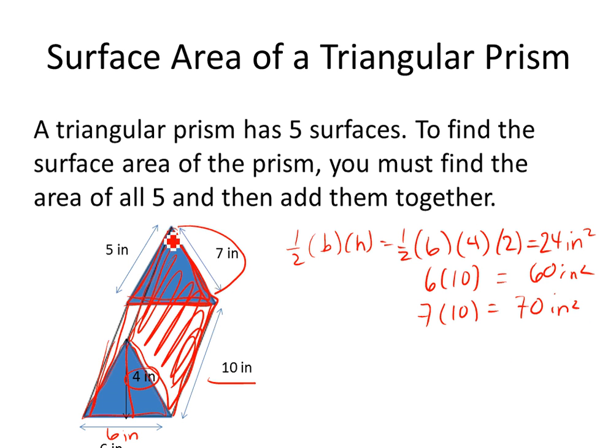And then I'm going to find the back rectangle, which is 5 by, this will be 10 inches over here. So it'll be 5 times 10, which equals 50 inches squared.